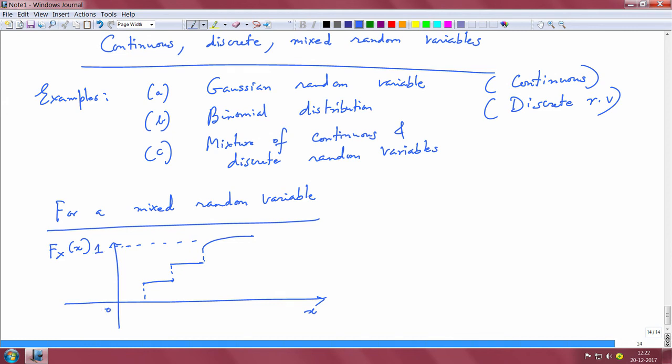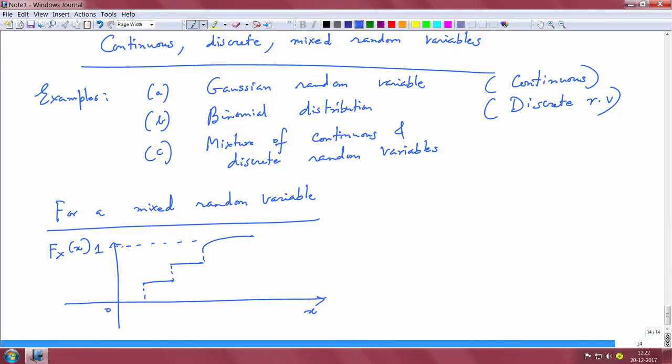So, this is an example for a mixed random variable. For a continuous random variable, you can just imagine that the PDF is basically continuous. For the discrete case, we have seen an example of a staircase function where things are discrete.